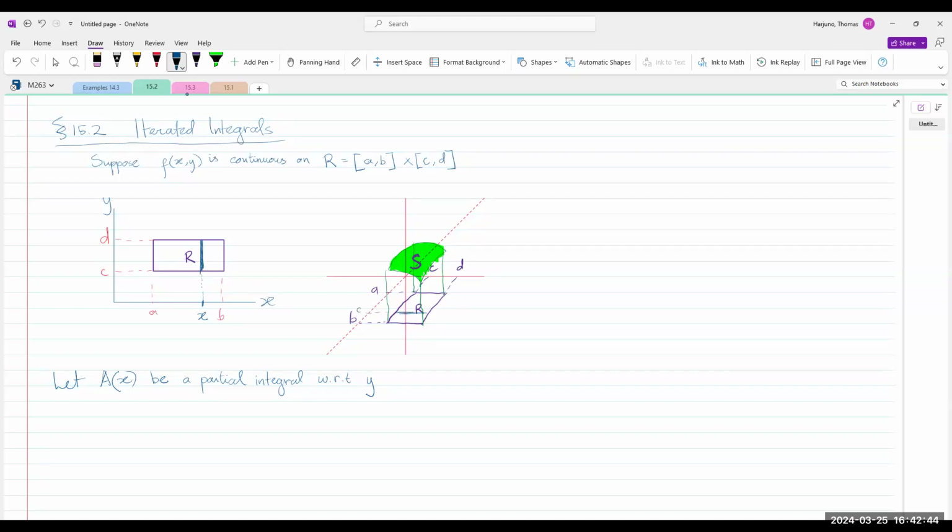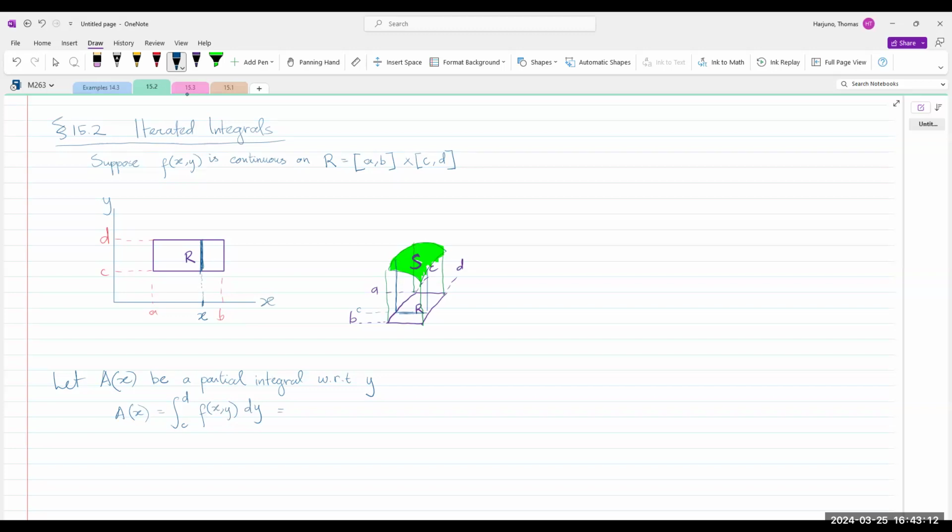Now, that A(x) will be the integral from c to d of that function f(x, y) dy.